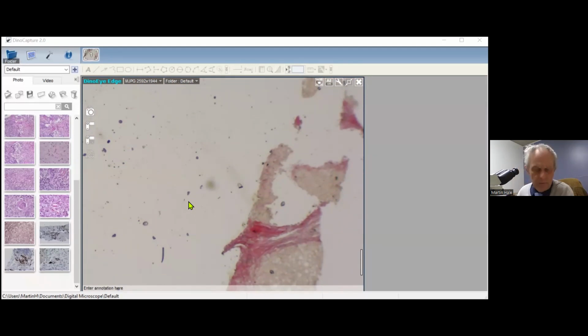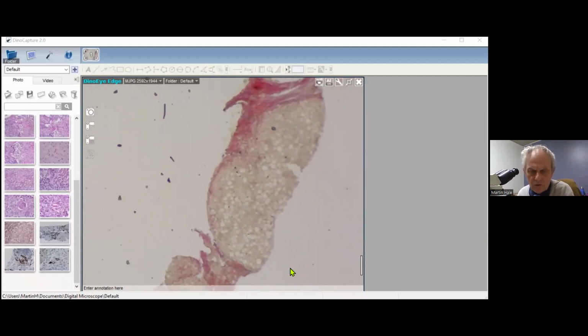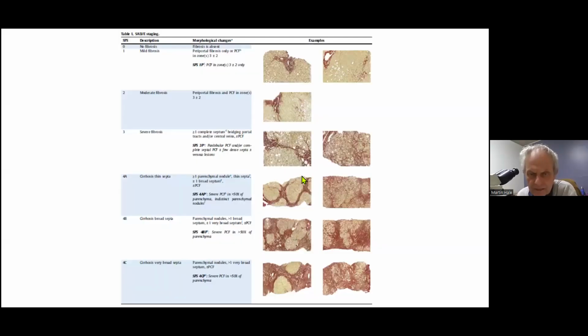And then this would score, because she's cirrhotic and we've got these thin bands of fibrous tissue, that falls into the 4A category. So it falls into this category here. Okay. So then she's got an activity score of 2, but a fibrosis score of 4.